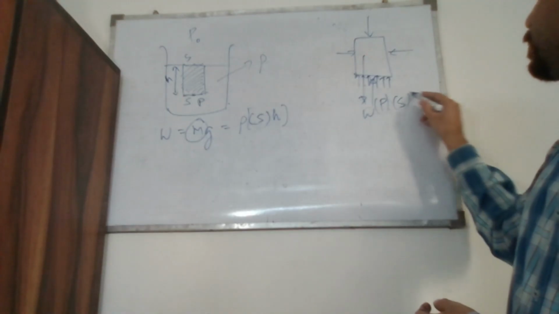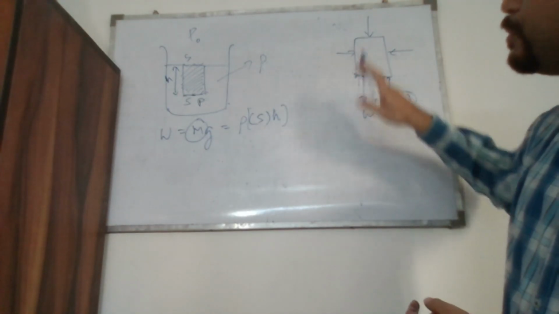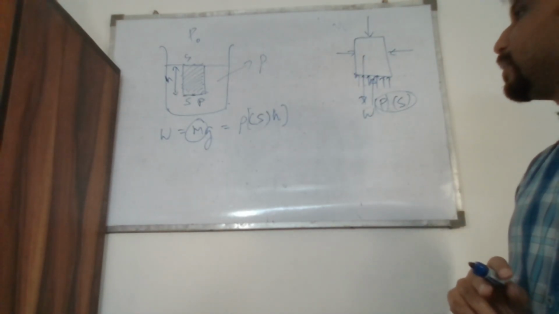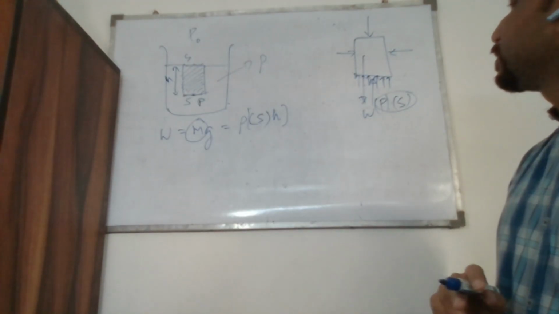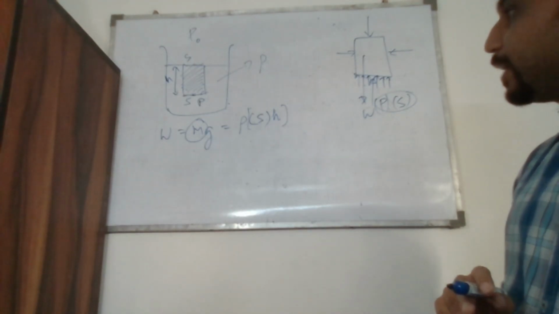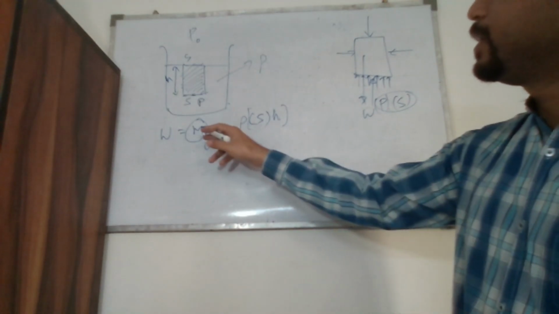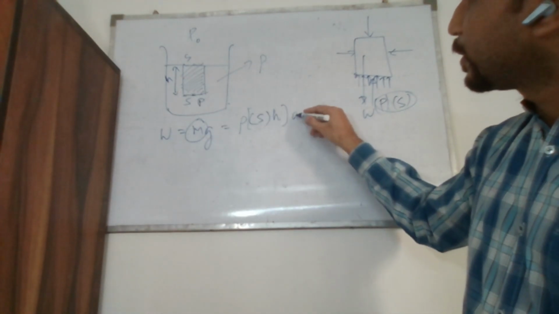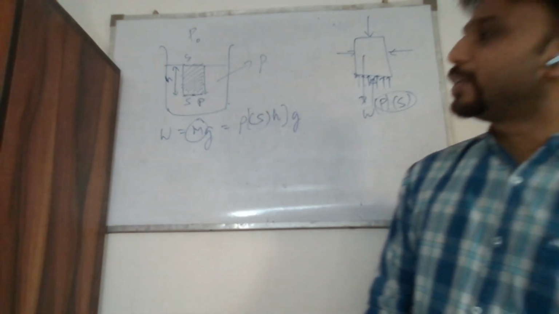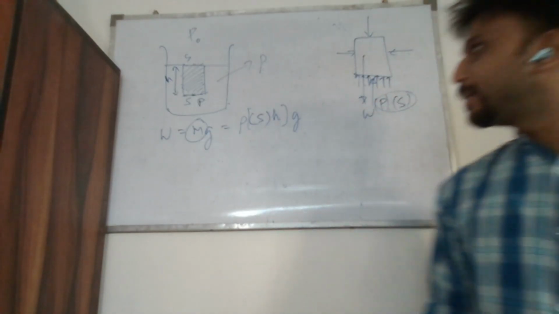So this is pressure into area. This is the vertical force acting on the cylinder in the vertically upward direction. The weight is the mass multiplied with acceleration due to gravity. This gives us the weight of the cylinder.